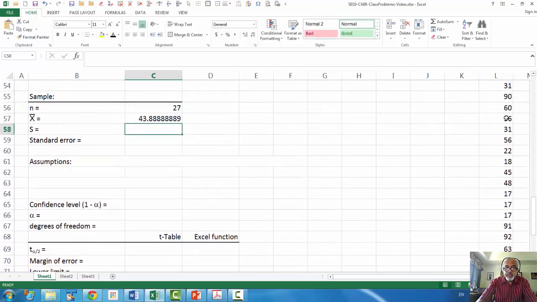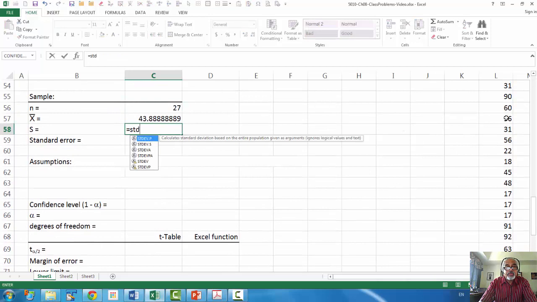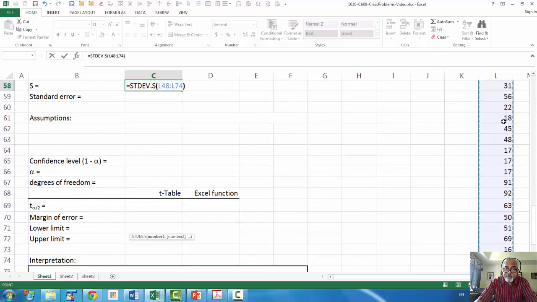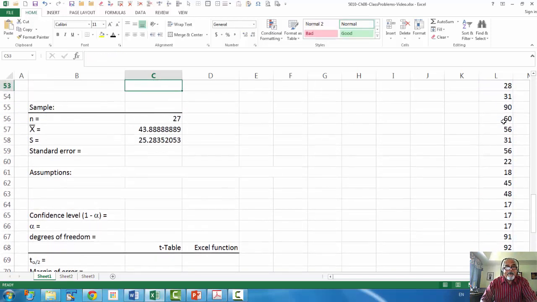And then for the standard deviation, make sure that you use stdev.s, that is for the sample.